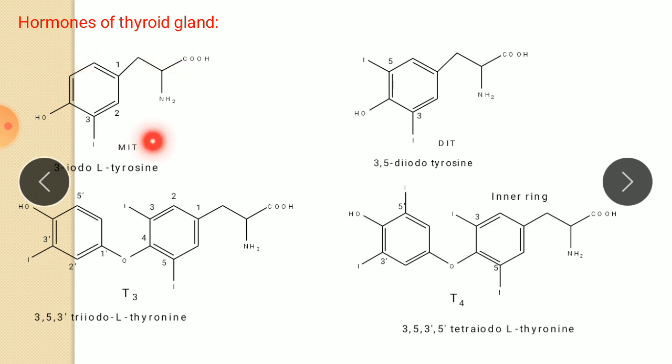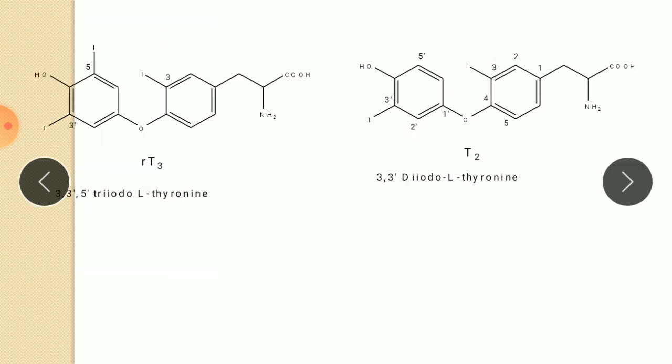So apart from these 2 main hormones, the thyroid gland also contains MIT and DIT. In addition, there are small amounts of other iodothyronines such as 3,3'-diiodothyronine called T2, and 3,3',5'-triiodothyronine called reverse T3.